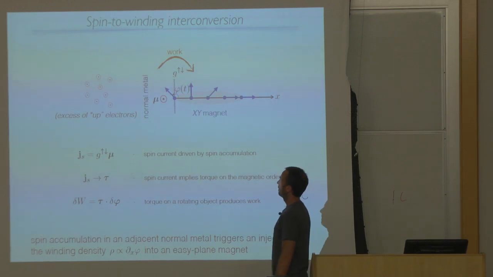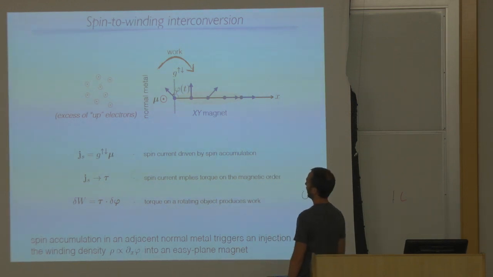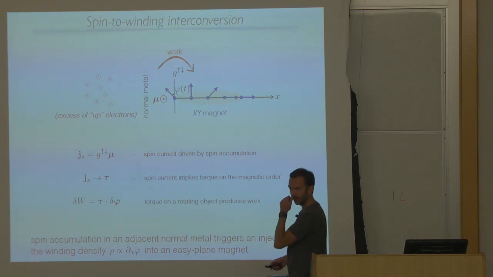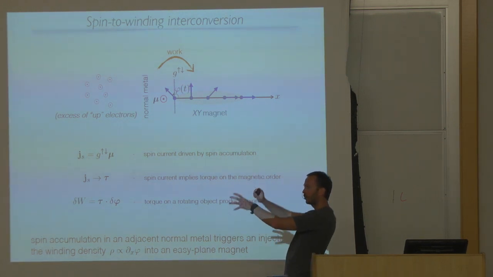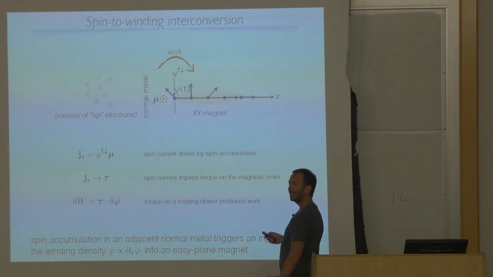Again, a side comment to experts, you might ask, well, why do I have to invoke work? I could just describe everything in terms of spin torque, spin conservation, etc. The key is that I don't want to invoke the notion of spin conservation throughout my system.